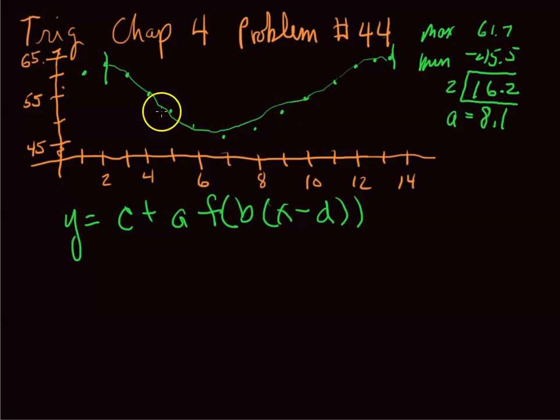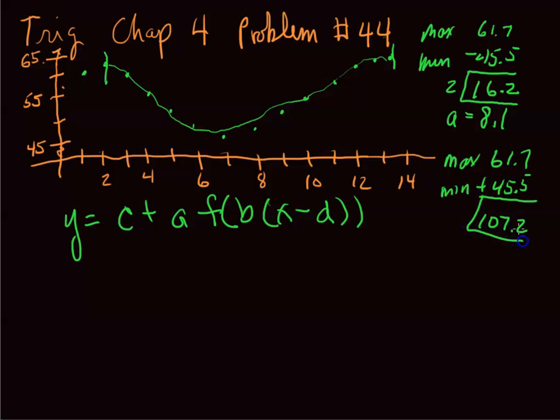This is what it is from the middle up and the middle down. Well, what's the middle, you ask? Well, that's the max plus the min. The 61.7 plus the 45.5. So we get 12, and then a 7, and then a 10.